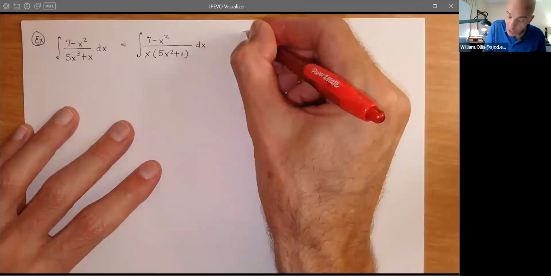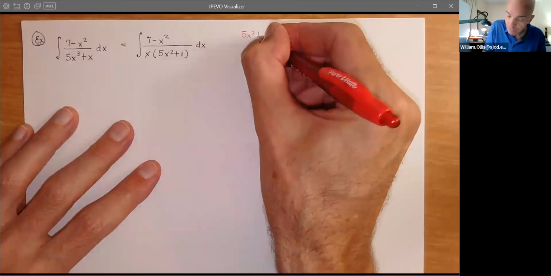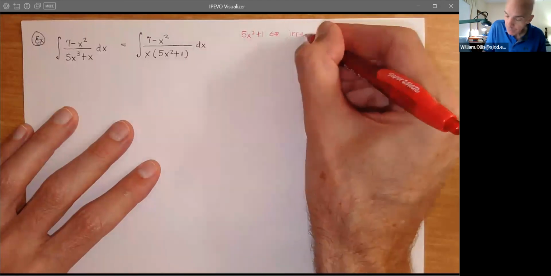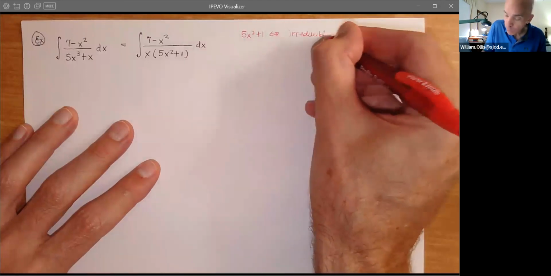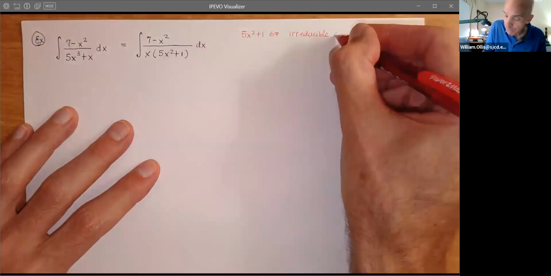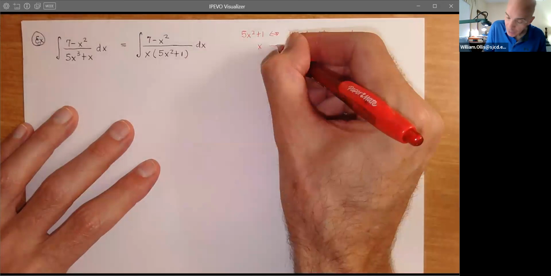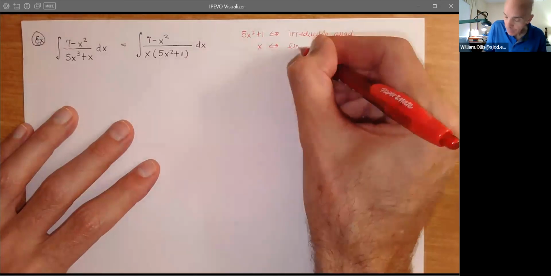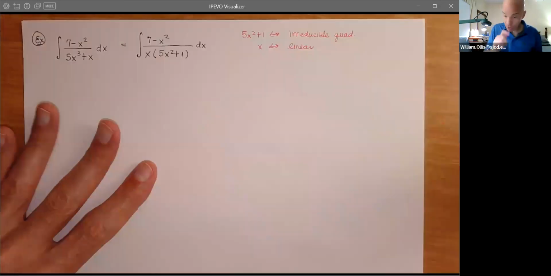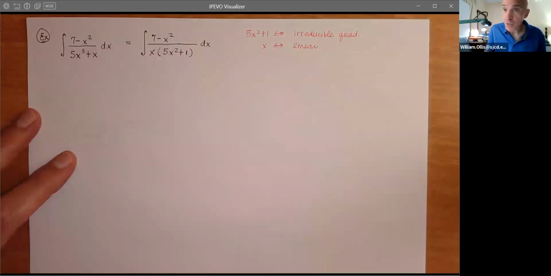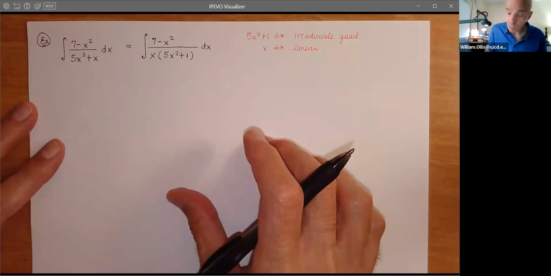So we say 5x squared plus 1, irreducible quadratic, over R, of course. And then we have x, linear. So now what we want to do is decompose this integrand and then figure out our coefficients and be done with this problem.